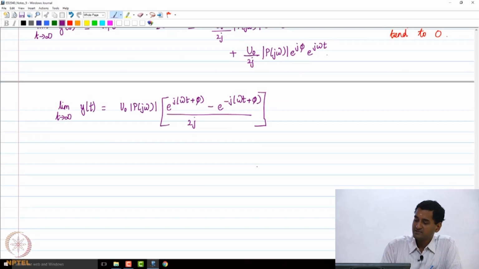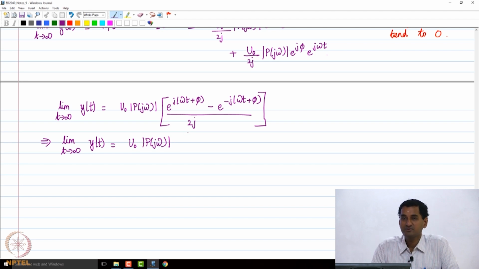So this implies that the limit of y(t) is u0 times the magnitude of P(jω) times the term in the square bracket. What is that term? Sine, right. From Euler's relationship, it is going to be sin(ωt+φ).